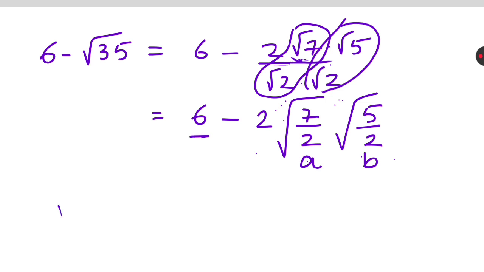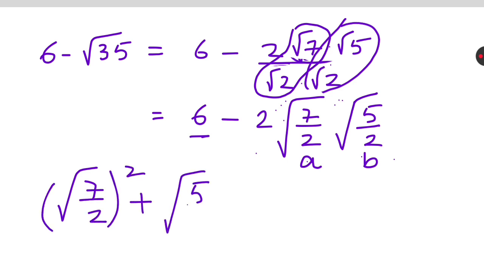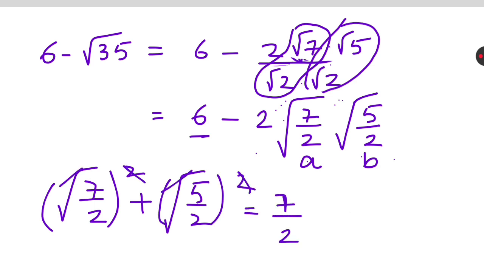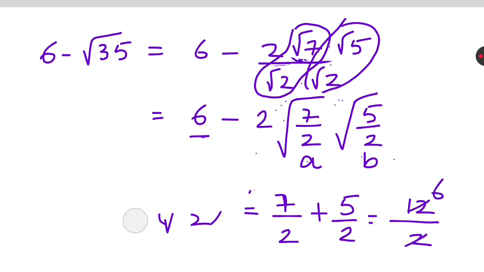So our a is square root of 7 over 2, let's do a power 2, and our b is square root of 5 over 2, so this is b power 2. The roots get cancelled, so we are left with only 7 over 2 plus 5 over 2. If we take LCM 2, then we get 12 in the numerator. After cancelling, we are getting only 6. So that means a power 2 plus b power 2, the value is only 6.